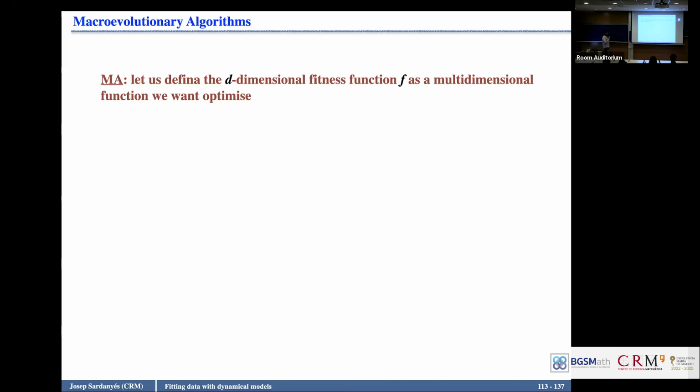Now I will go on with this general explanation, just to be more precise. So in the macroevolutionary algorithm, we define the d-dimensional fitness function f as the multidimensional function that we want to optimize. So here we are optimizing with, let's say, a large number of parameters. Our goal is to find the best values for this d-dimensional vector for our problem.